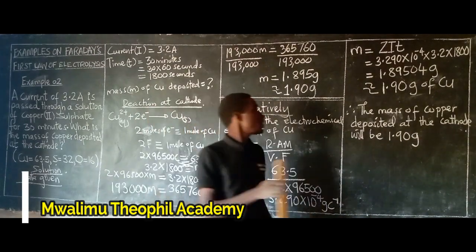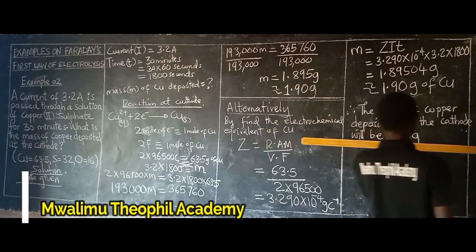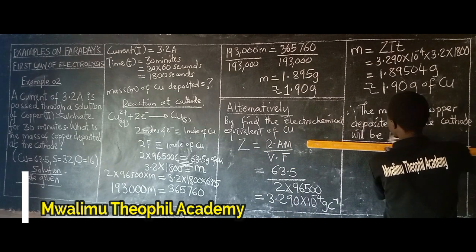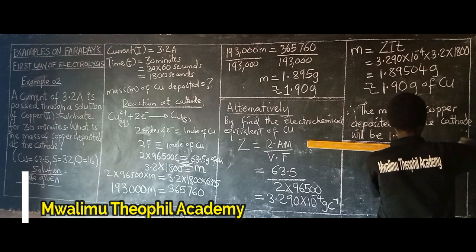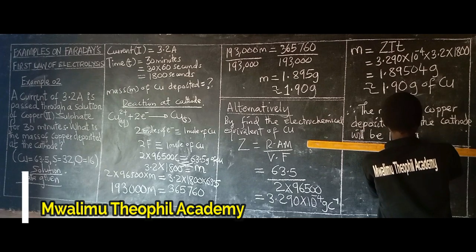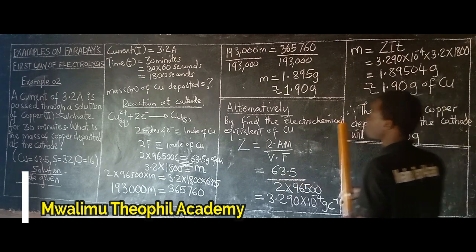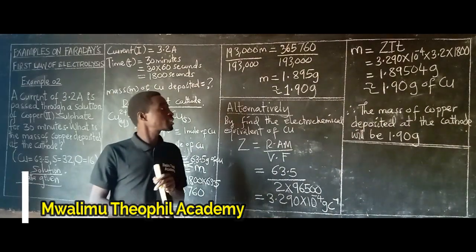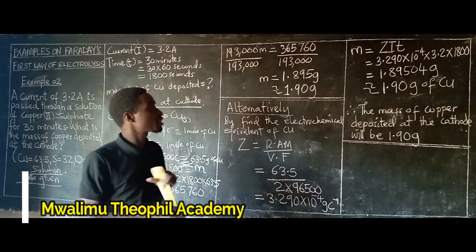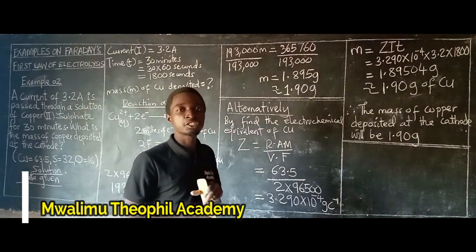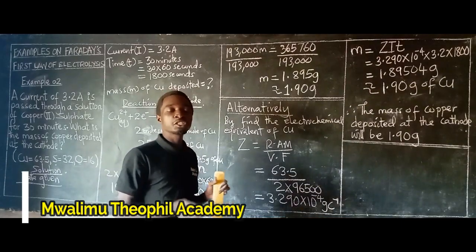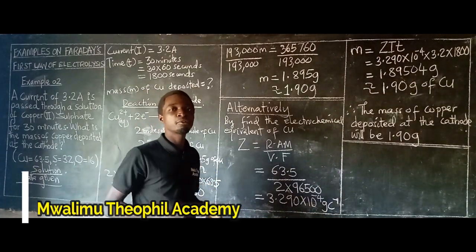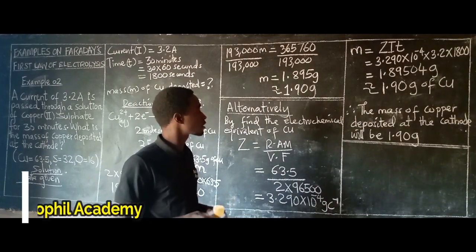Yes, that is the way we carry out various calculations concerning Faraday's first law of electrolysis. I hope you have understood well the two methods of calculating various problems concerning Faraday's first law of electrolysis. One technique is to use a balanced chemical equation, and the second is to use the direct formula from Faraday's first law of electrolysis.